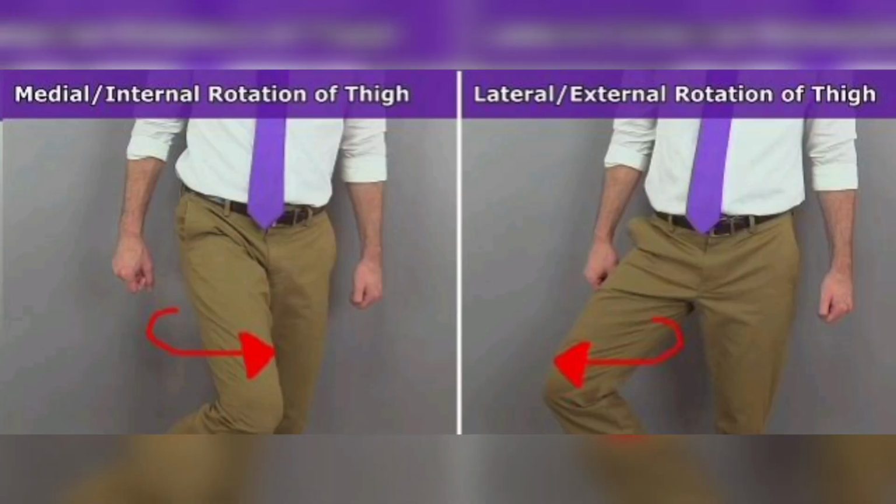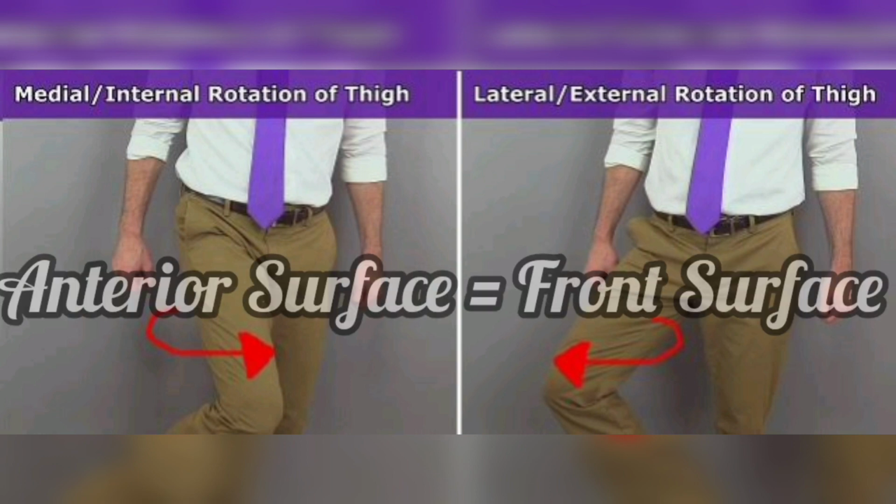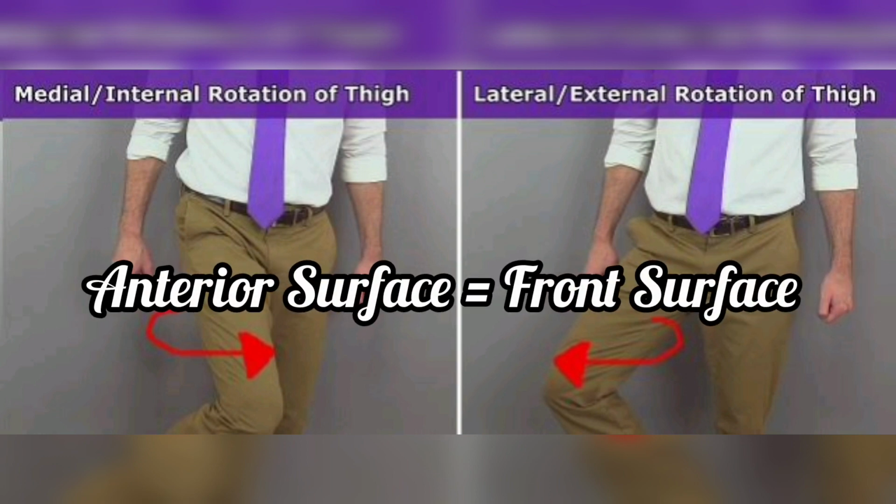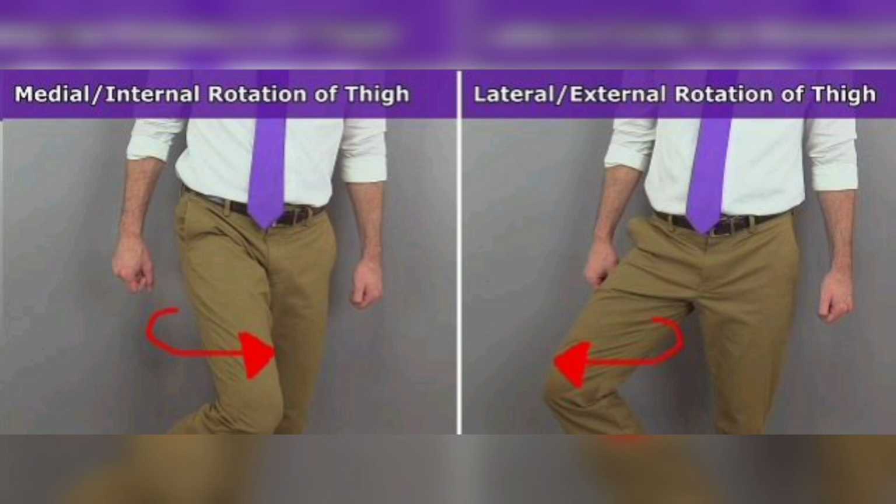Keep in mind, when you are rotating the arm or thigh, the anterior surface of that body part will be your focal point, and if you move that part towards your body midline, it is medial rotation, and if it is moving away, it is lateral rotation.